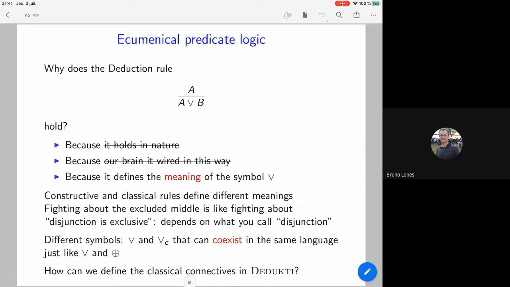But of course, it's very difficult to be convinced by this answer, because we would be very surprised if some physicists came and told us that they have found a situation where A is true, but A or B is not. We would think that this is not possible. So if it's not possible, then this rule is necessary and it cannot be a law of nature.